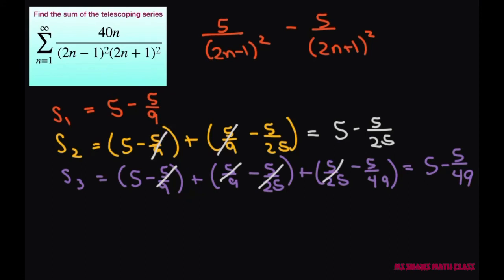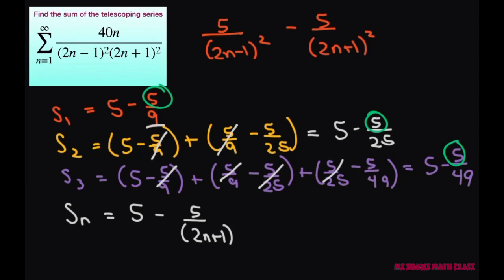So you could say that your nth partial sum is 5 minus 5, because all of these have 5s. And then for the denominator, we can write this as (2n plus 1) squared, because these are odd numbers squared. So that's how I'm going to write that.